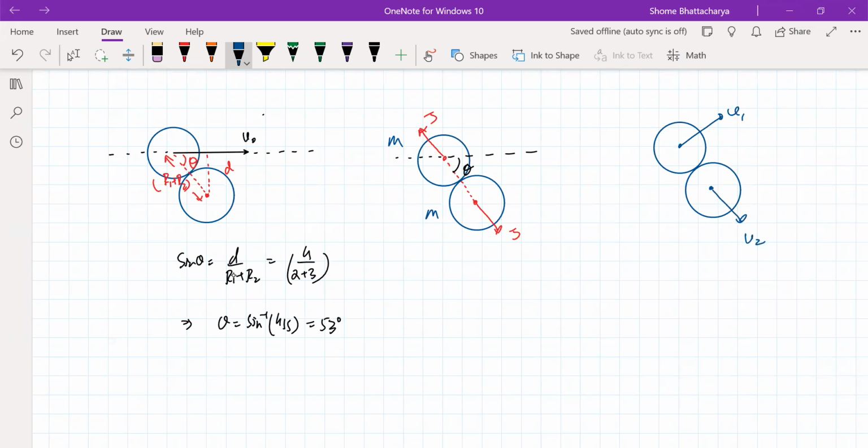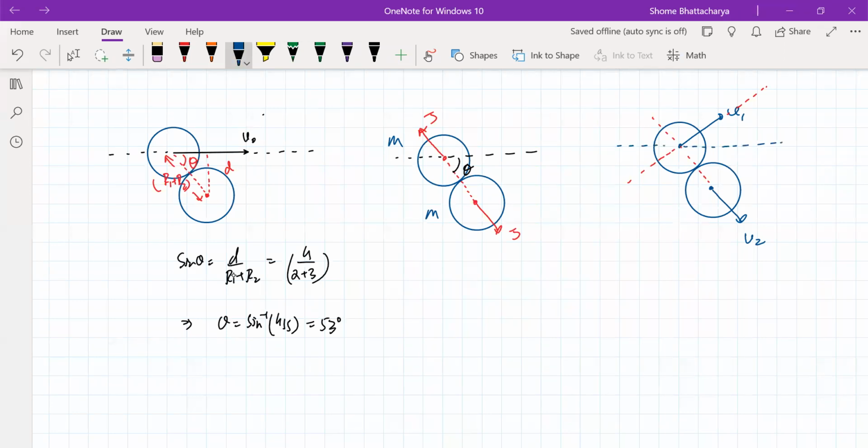So V2 has to be along the line of impact, the line along which J is acting. But in addition, we also know that V1 has to be perpendicular to V2 because the collision is perfectly elastic.